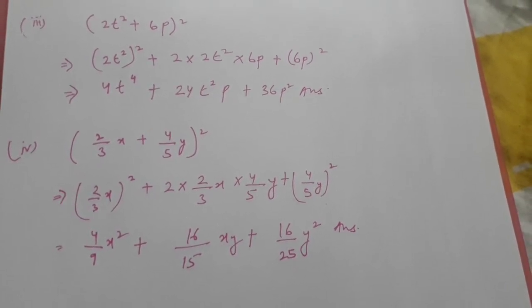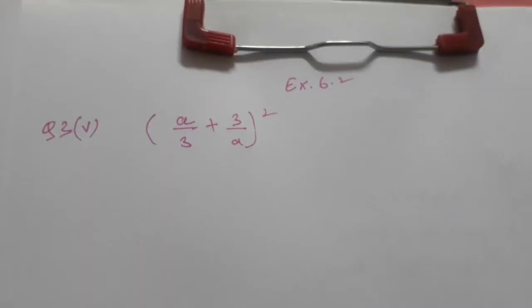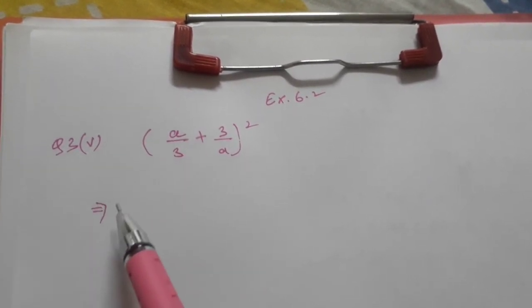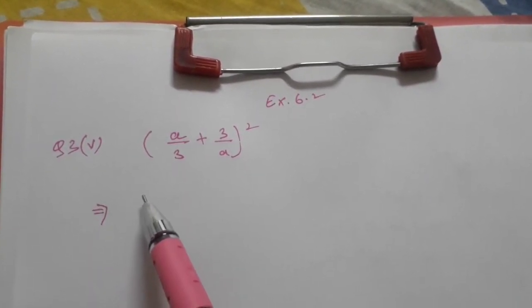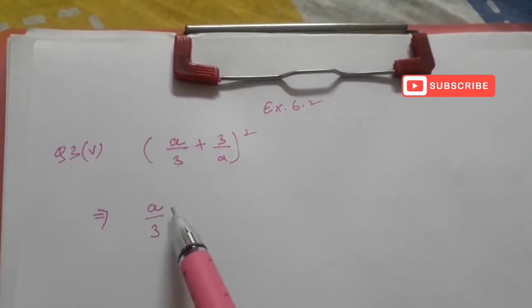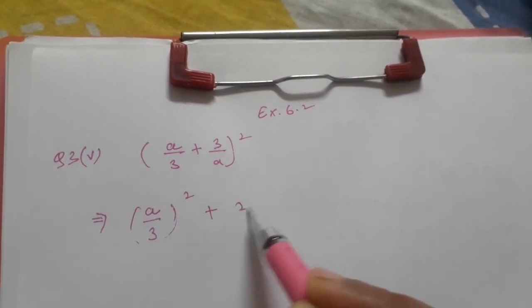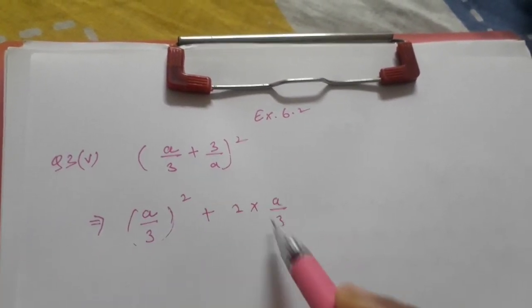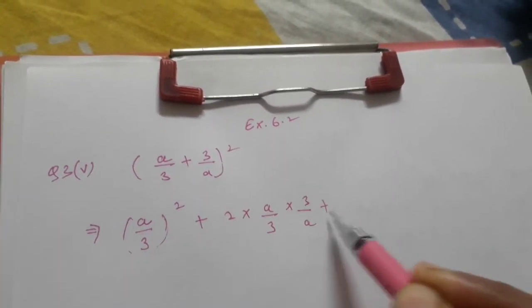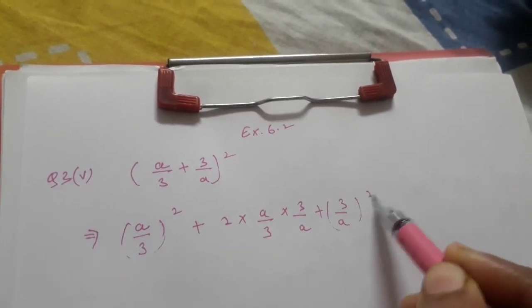Let's check out how to solve the fifth part. The fifth part of question number 3 is a by 3 plus 3 by a whole square. According to the identity, a square means a by 3 square, plus 2 into a by 3, and this is b, 3 by a, plus b square means 3 by a square.